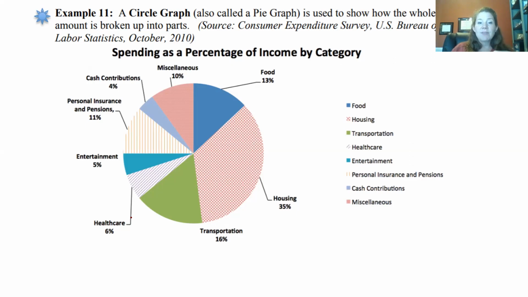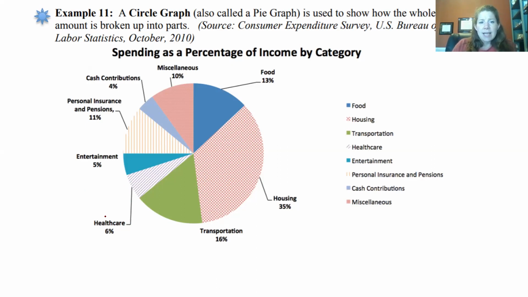So they have divided it into percents. Sometimes it won't be divided into percents. Sometimes it'll be divided into numbers. This time it's percent. So for all circle graphs, if you add up all those percents, they should end up with 100% because that only makes sense if you're talking about a whole circle.